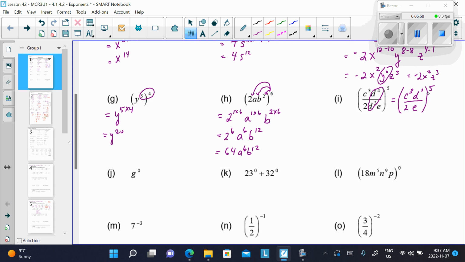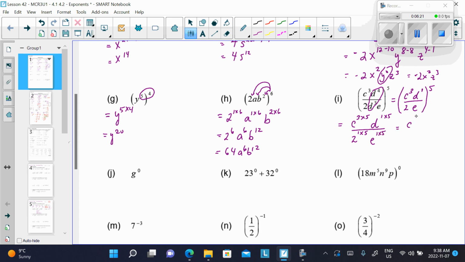Okay, now we're going to bring that 5 in, and it's going to get multiplied with every single exponent. So I'm going to move over here. I have a little bit more space. So I have c cubed. That 3 will get multiplied by the 5. d1 gets multiplied by 5. And then the 2 has an exponent of 1. And the e has an exponent of 1.